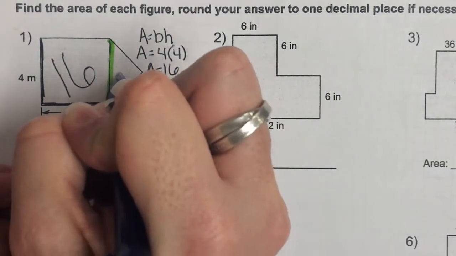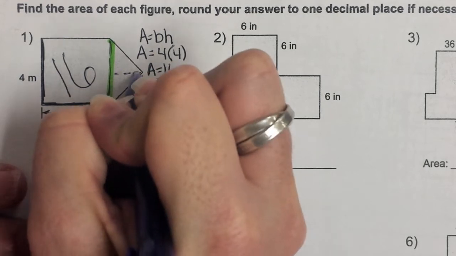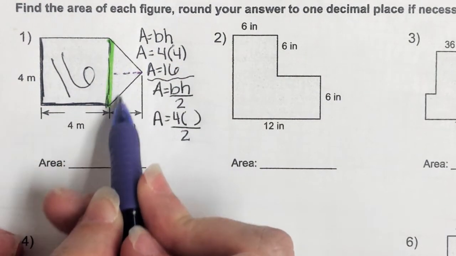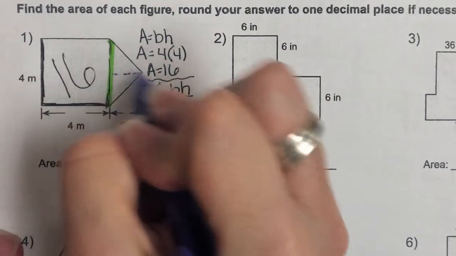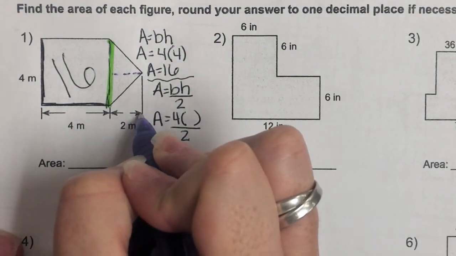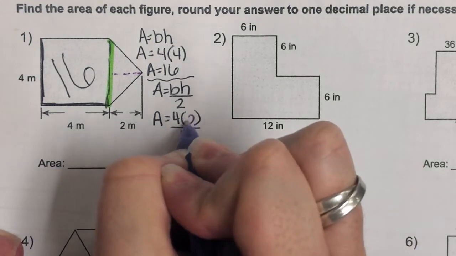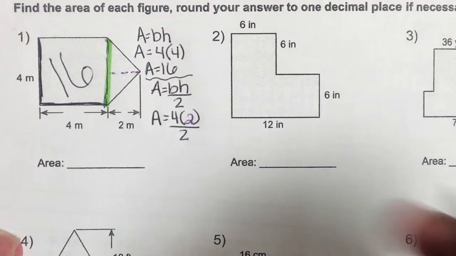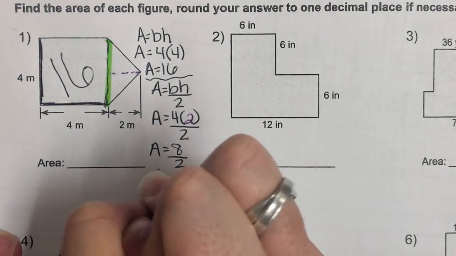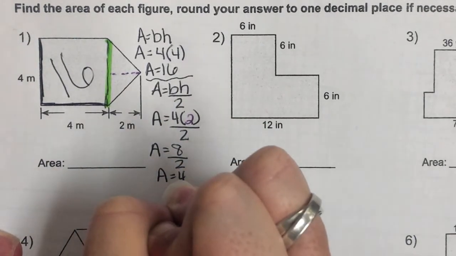Okay. Now my height is from here to here. That's 2. Okay, and it's 2 because of that wall. Down, way down here. From here to here is 2, and from here to here is 2. Is everybody good so far? That one's not that hard to see, but some of them are going to be harder. So, okay, 4 times 2 is 8, divided by 2 is 4.